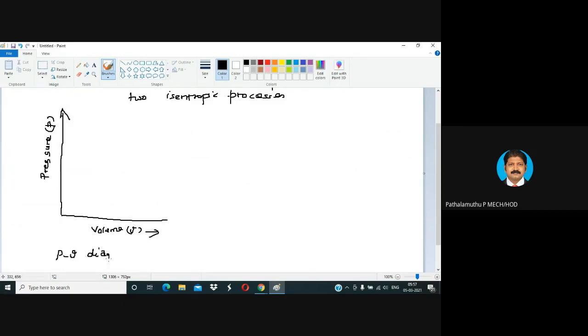PV diagram for Otto cycle. 1 to 2 isentropic expansion. 3 to 4 isentropic compression. 4 to 1 constant volume process, 2 to 3 also constant volume process. And the next, temperature and entropy diagram.